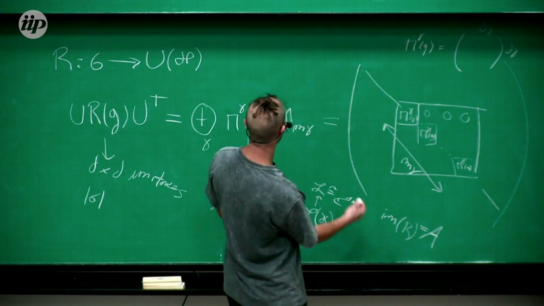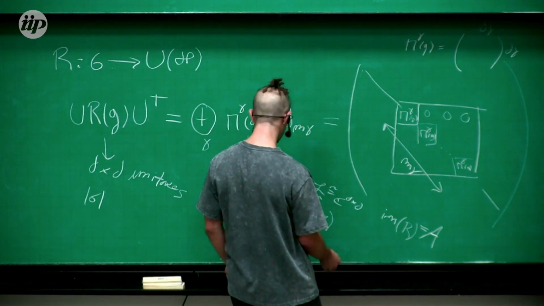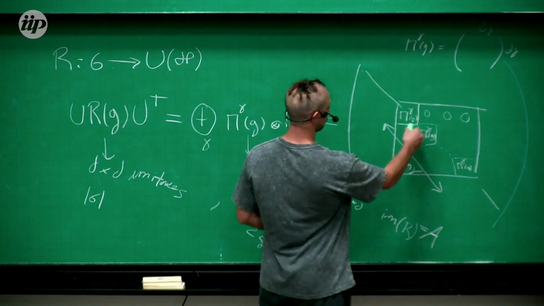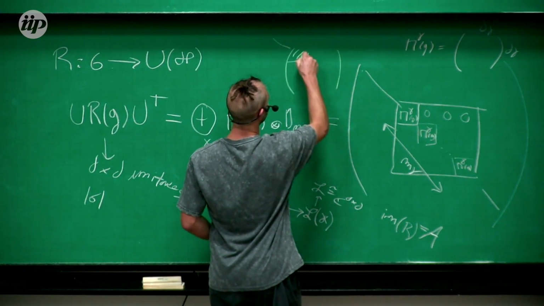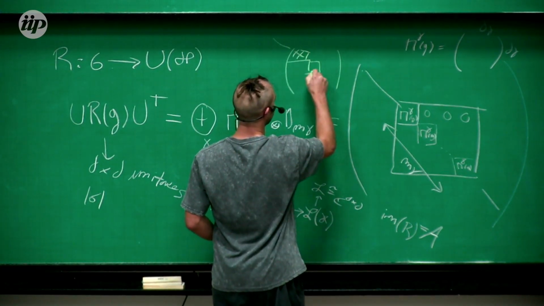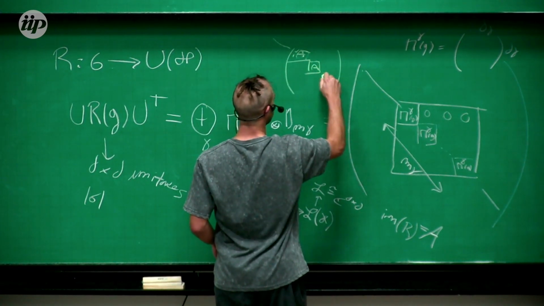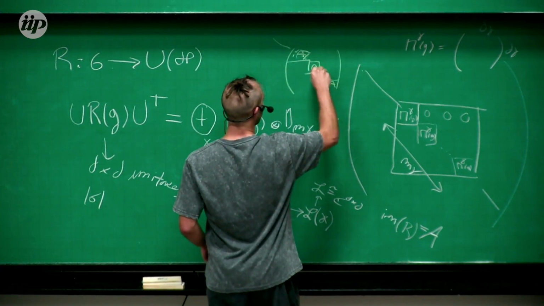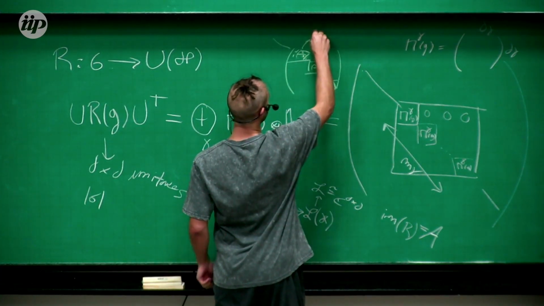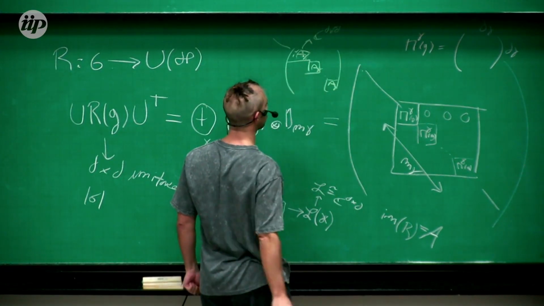Which subalgebra? Well, we already know this decomposition. The subalgebra that we will get will be the block diagonal matrices with dense blocks like this here, same block repeated. So if we call this A gamma, A gamma, A gamma, and A gamma is an arbitrary D gamma by D gamma complex matrix.